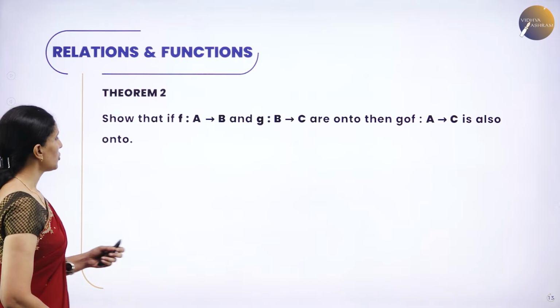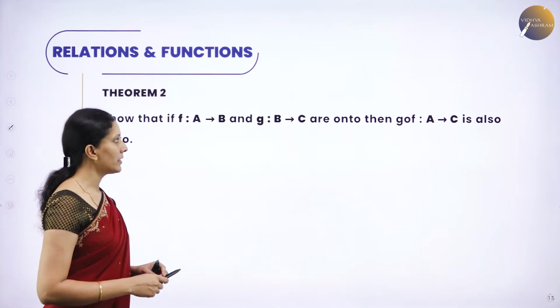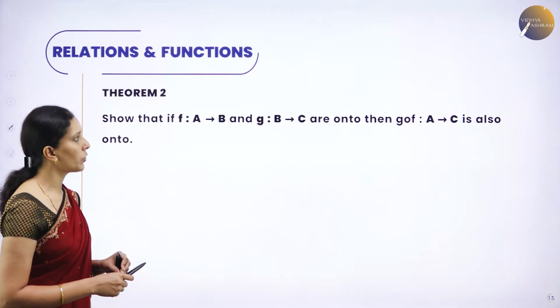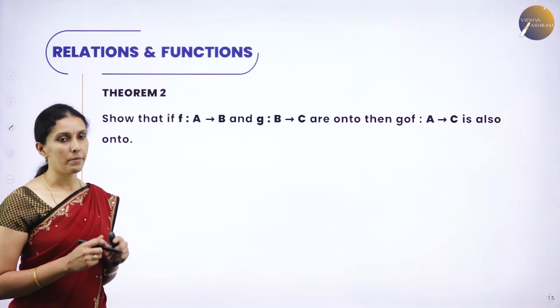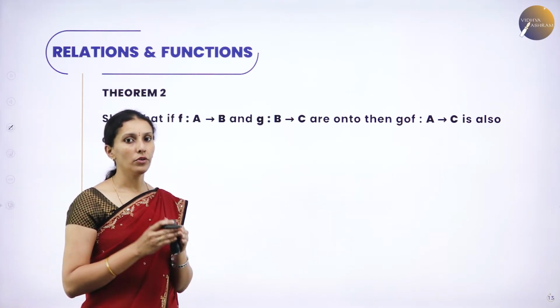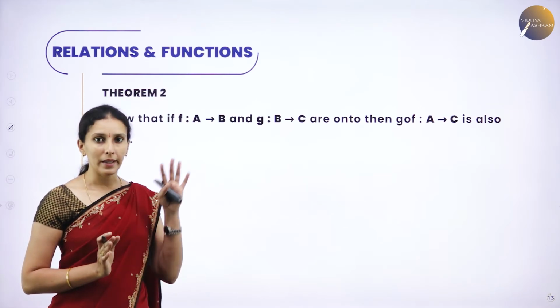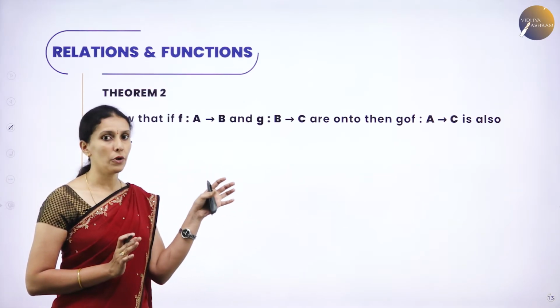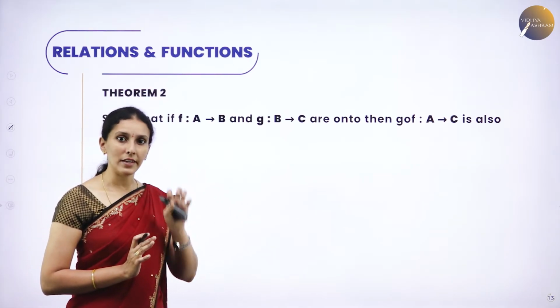Next, show that if f from A to B and g from B to C are onto, then g∘f from A to C is also an onto function. What is the condition for onto? For any element in the codomain, there must exist an element in the domain such that f(x) is equal to y.